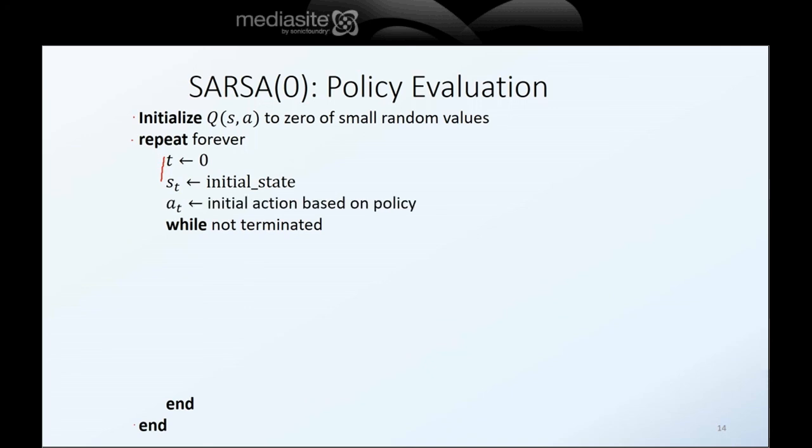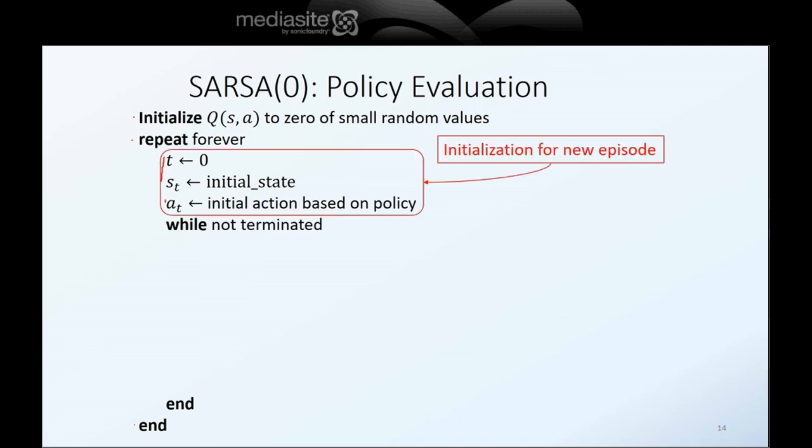But since now we are dealing with the Q values, we also need the action a priori. So AT is the initial action based on policy. So we have to find out AT before we begin the while loop. So now we run the episode.